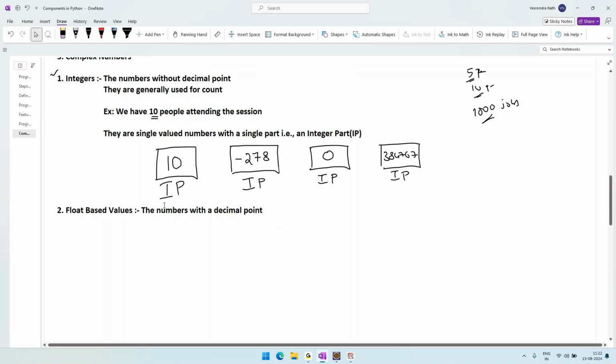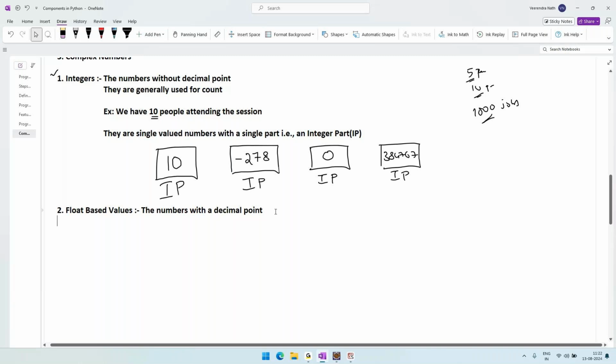Numbers with a decimal point, we can call them float based values. Okay, right.